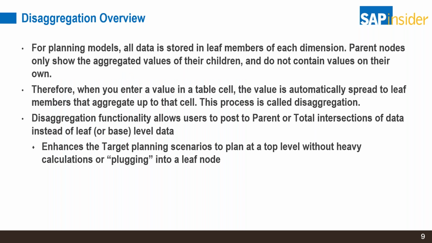So for the planning models, data is stored at leaf levels. The parent nodes show the aggregated values, right? That happens automatically. There's no batch process or anything that has to happen there. But as I mentioned before, that disaggregation functionality allows you to enter information at parent or total intersections of data.